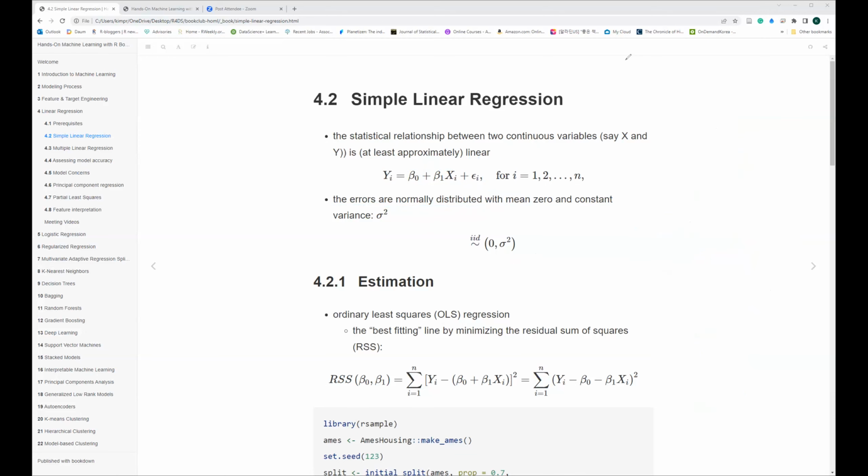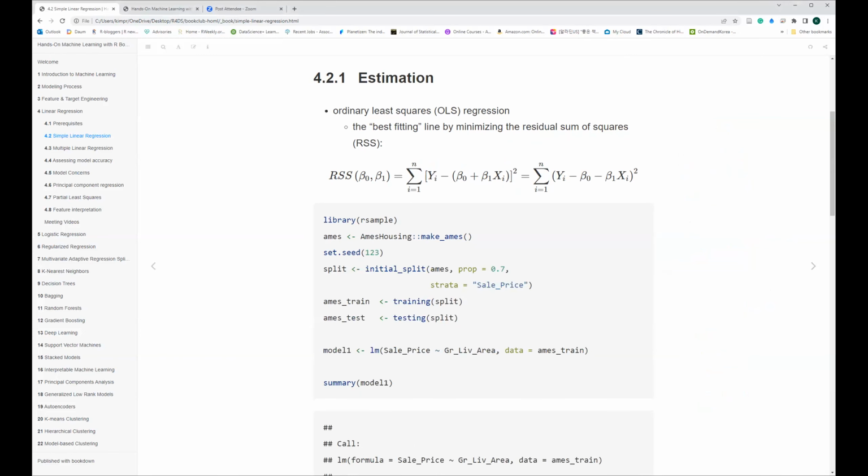Moving down here, our next question is, let's say we have a single linear regression equation. How can we estimate the y values using those relationships? To predict a more accurate value of y, we have to find the best fitting line. The best fitting line can be found by minimizing the residual sum of squares, the RSS, right?